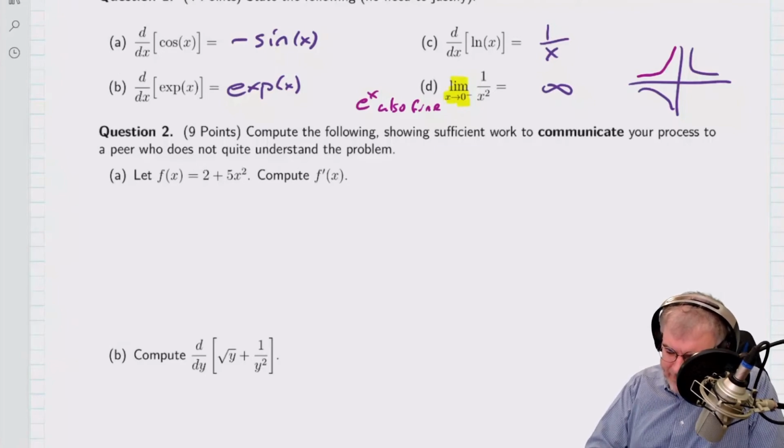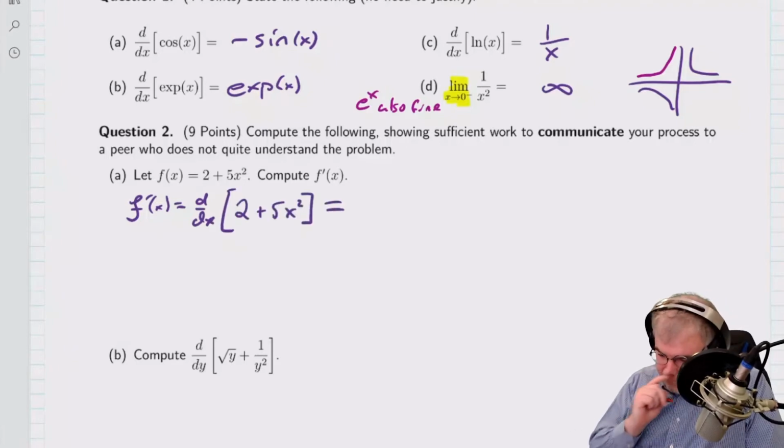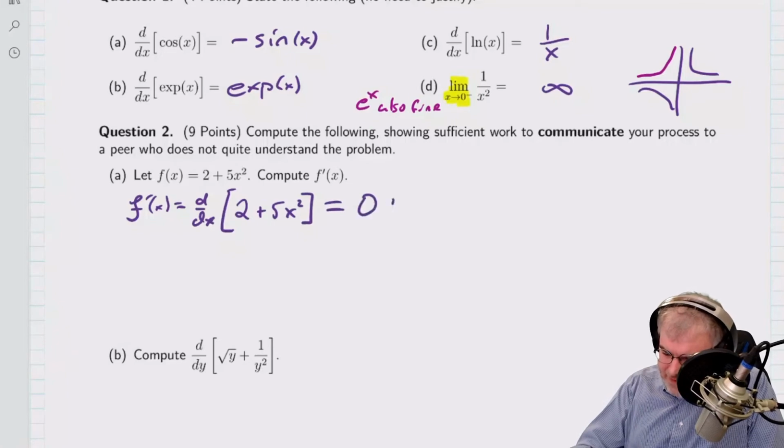All right, so f prime of x here for the second one equals d over dx of 2 plus 5x squared, which equals 0 plus 10x. Okay, minimal work required is this.